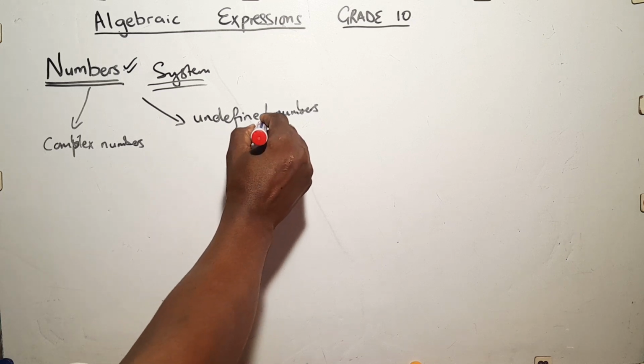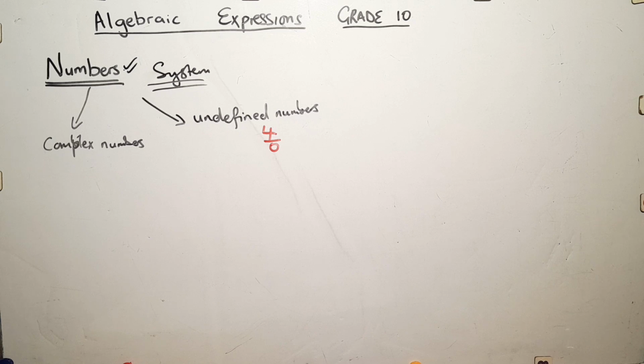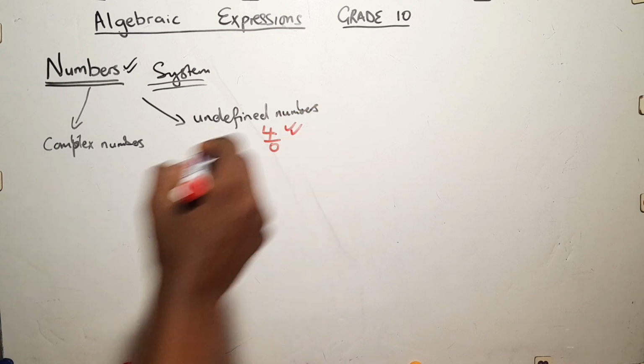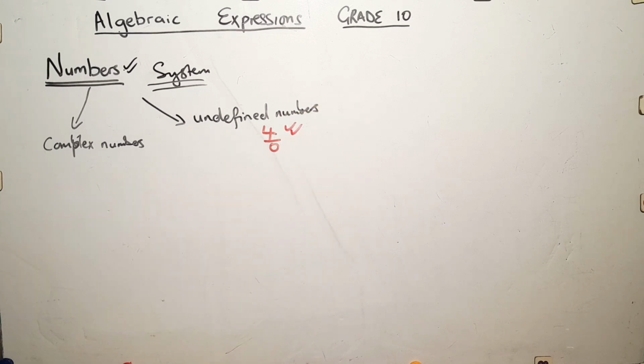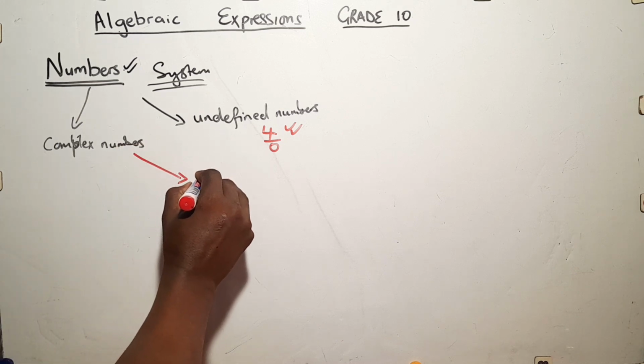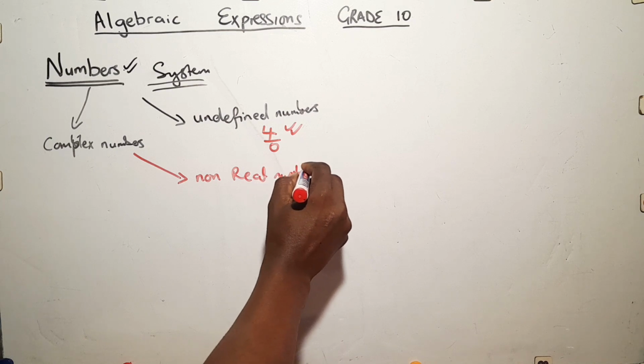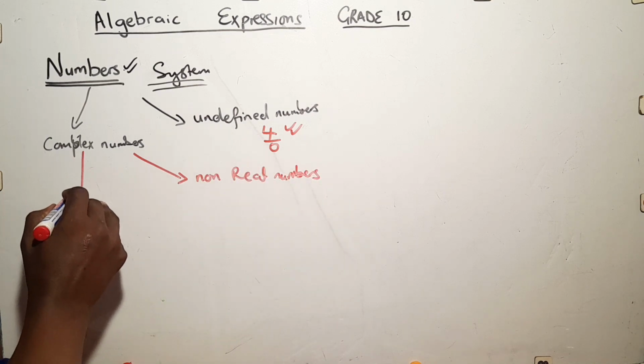For example, if we are dividing any number by 0, any number that is divided by 0 becomes undefined. We cannot define these numbers. And from there, we also have complex numbers. Complex numbers have non-real numbers, and we also have real numbers.